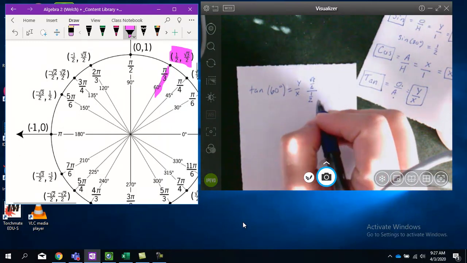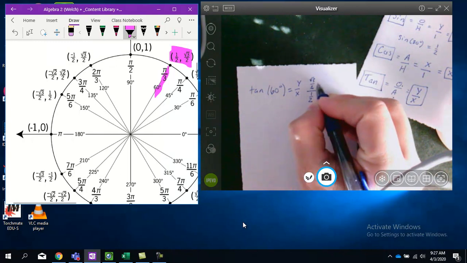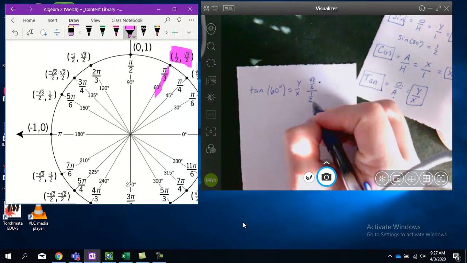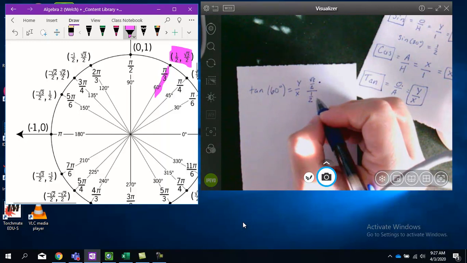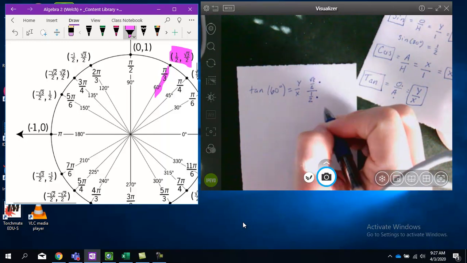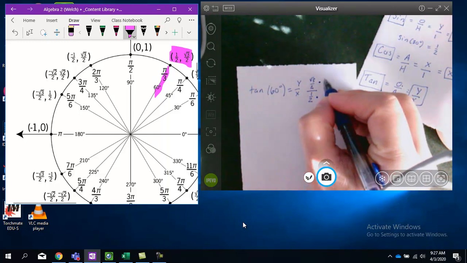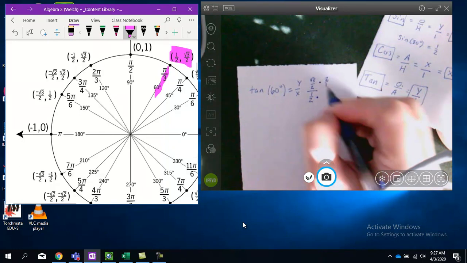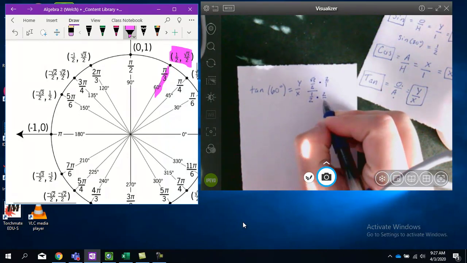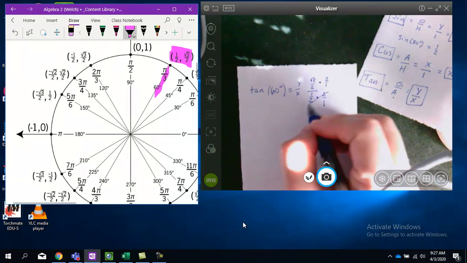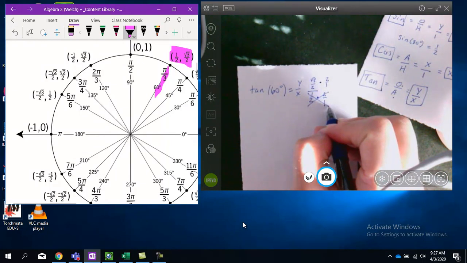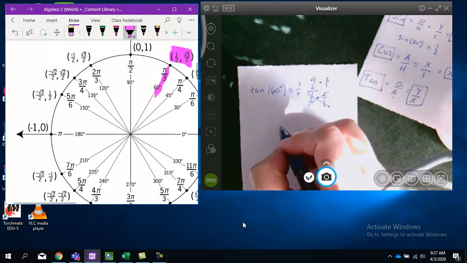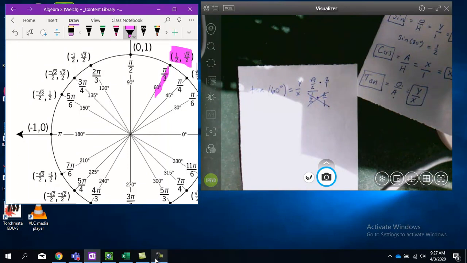What we're going to do is multiply by the reciprocal of the denominator. If it makes you feel better, I'm going to write this in really longhand. I'm going to multiply by 2 over 1 on top and on bottom. On the bottom, these cancel.